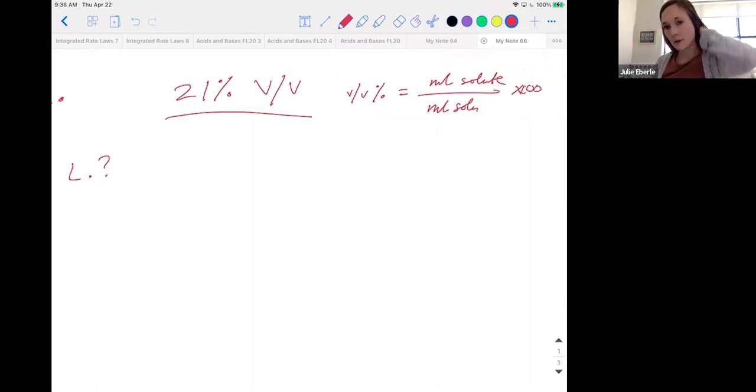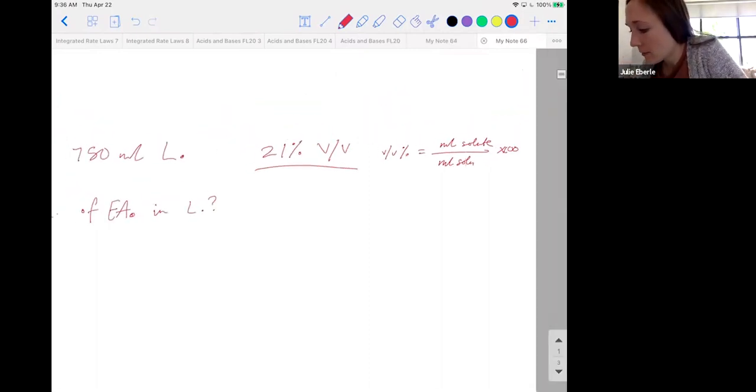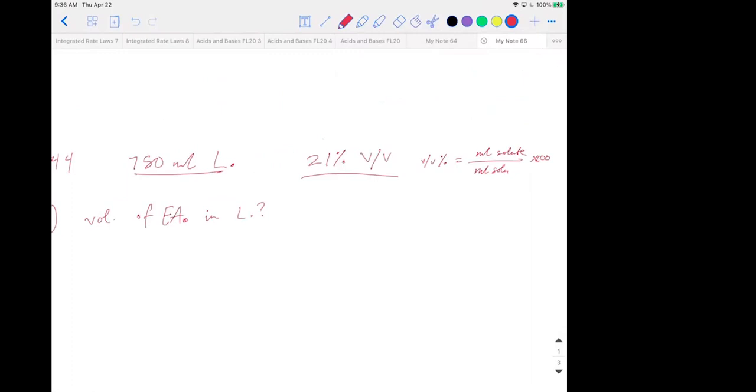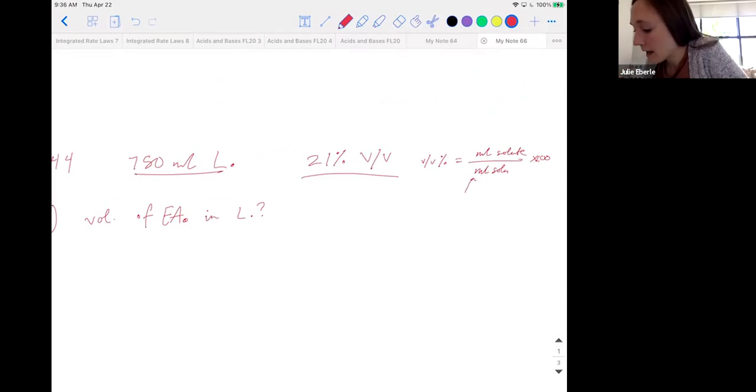Okay, that's our equation. So we're told that we have 750 milliliters of Listerine. So that's what we'll plug in on the bottom. And it says, what is the volume of ethyl alcohol, which is our solute in this case? So that's what we're going to plug in on the top. And we're also given the percent, which we could plug in right here.